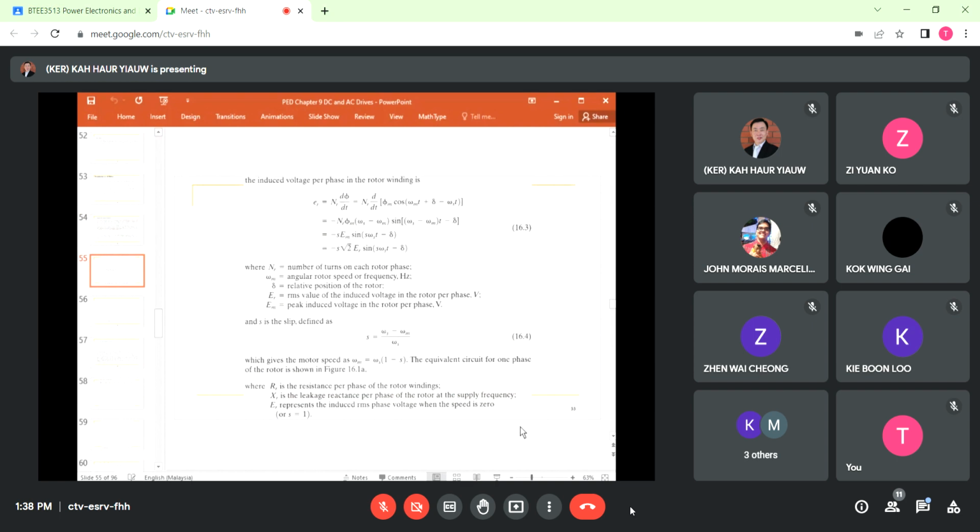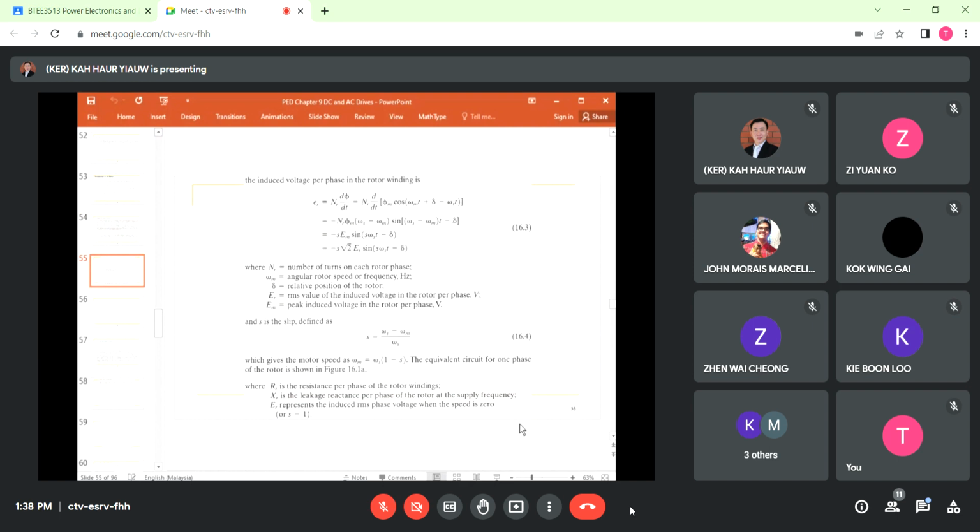If we rearrange it, we can find the motor speed omega m equal to omega s multiplied by 1 minus s. The equivalent circuit for one phase of the rotor is shown in figure 16.1a, where Rr is the resistance per phase of the rotor winding. Xr is the leakage reactance per phase of the rotor at the supply frequency.